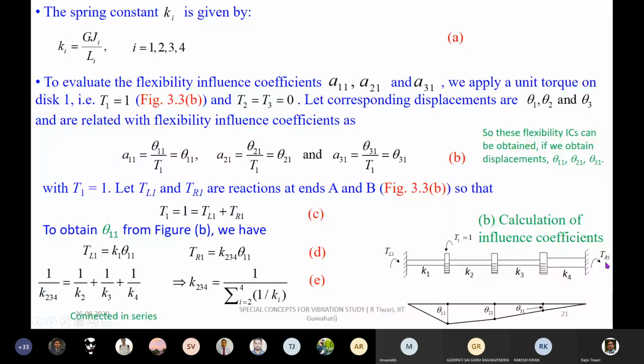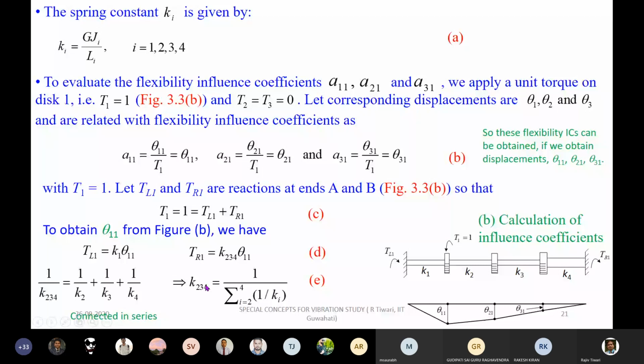So here K2,3,4 represents the equivalent stiffness of the right side of disk 1, multiplied by theta 11, which gives the reaction torque at the right one. And this equivalent stiffness of these three can be obtained because they are in series, so it can be simplified like this.